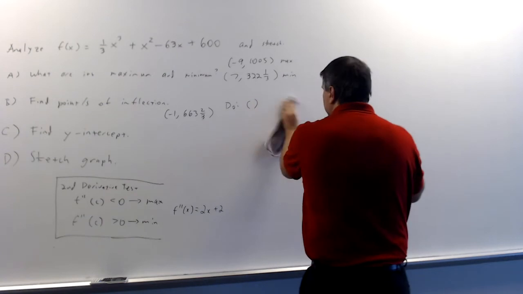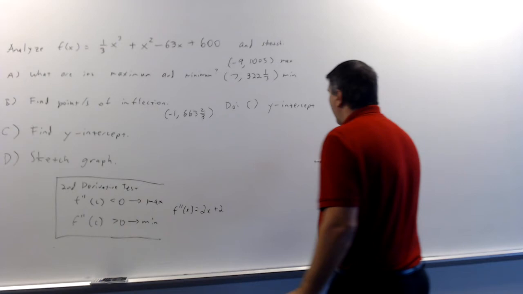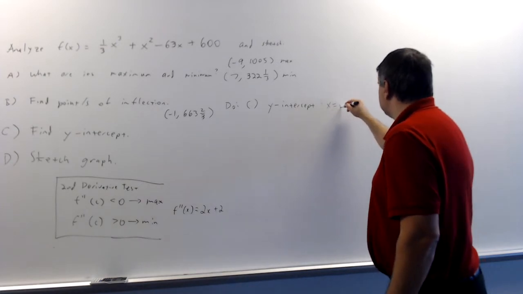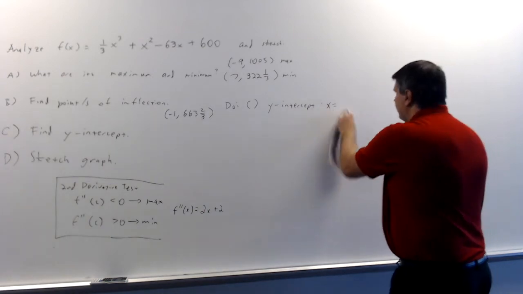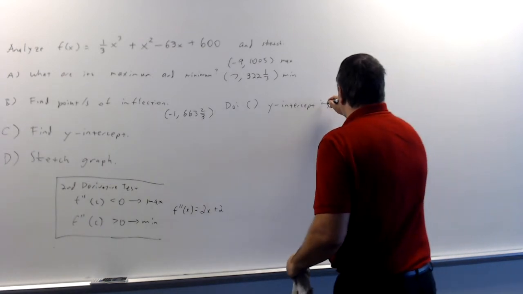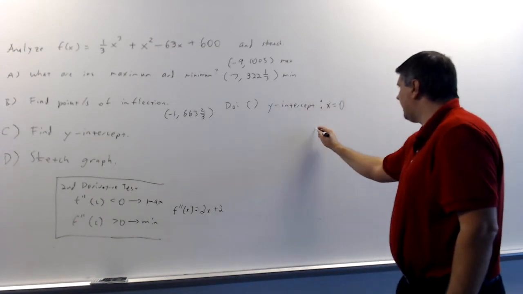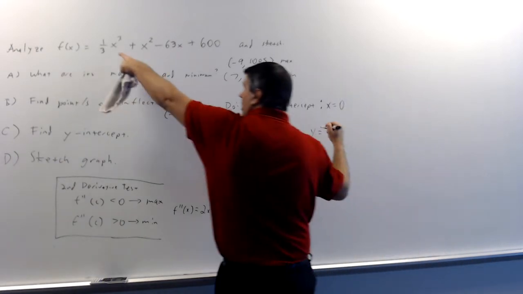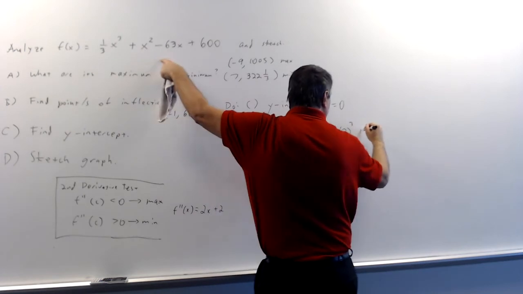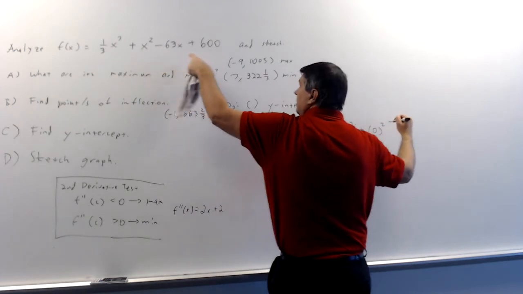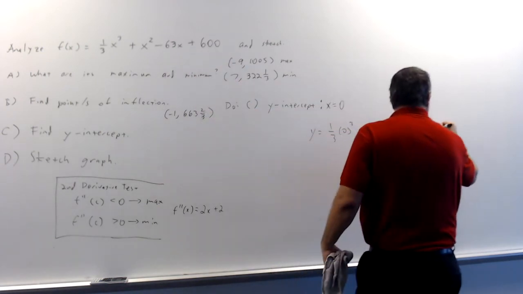At the y-intercept, and this is something you should have learned in your algebra classes, x equals 0. You would have seen this in your algebra classes, but if you forgot, that's a reminder. x equals 0, y equals 1/3 times 0 cubed plus 0 squared minus 63 times 0 plus 600.